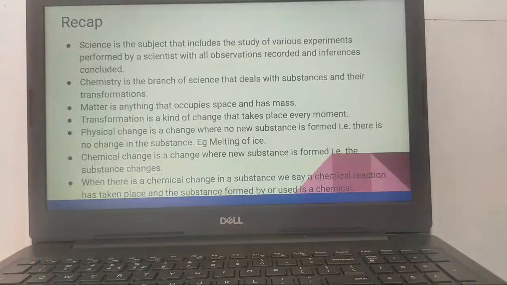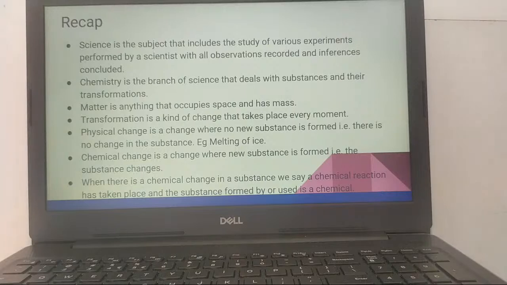In this subject, we mainly emphasize experiments and their observations. Then we discussed the third branch of science, that is chemistry. Chemistry is the branch of science that deals with substances and their transformations.